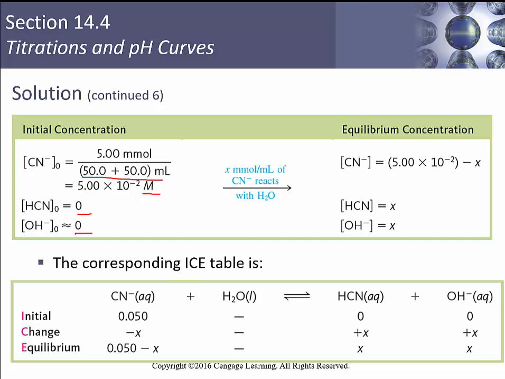At equilibrium, we're going to lose a little bit of our cyanide to form a little bit of our conjugate acid, hydrogen cyanide, and a little bit of our strong base, hydroxide. We're now able to put these into an ice table. So we'll have 0.05 minus X at equilibrium. Our hydrogen cyanide concentration will go up by a little bit. So will our hydroxide concentration. So we'll have X and X at equilibrium.